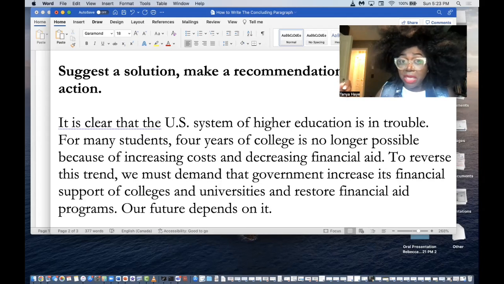For many students, 4 years of college is no longer possible because of increasing costs and decreasing financial aid. To reverse this trend, we must demand that government increases its financial support of colleges and universities and restore financial aid programs. Our future depends on it.